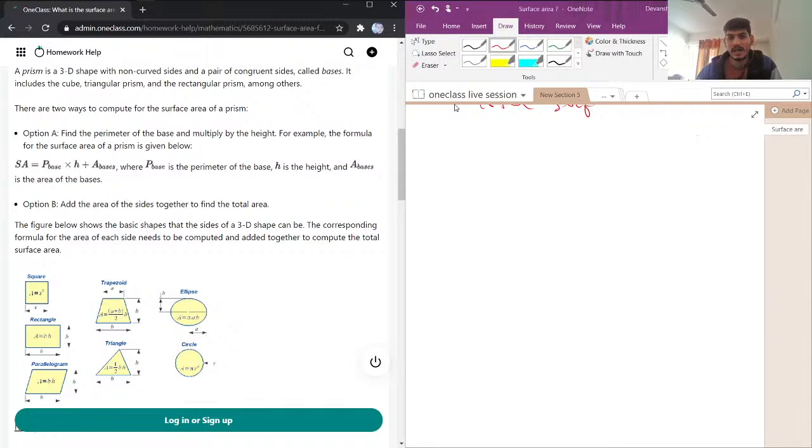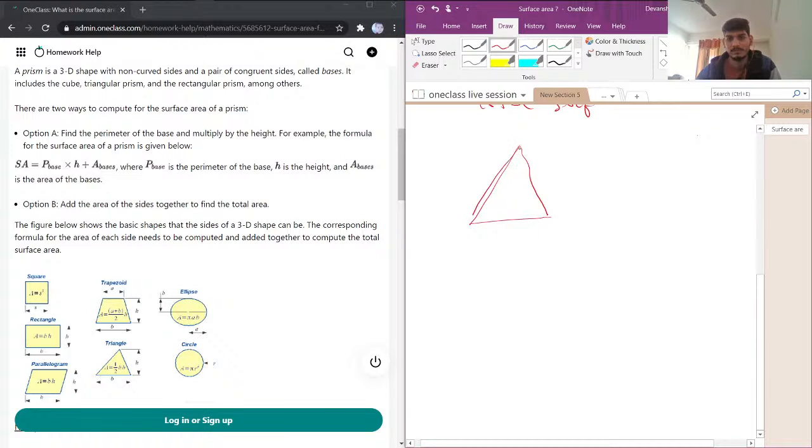So suppose we have an equilateral prism, and say we have one more dimension in this side, and this is a square base pyramid.